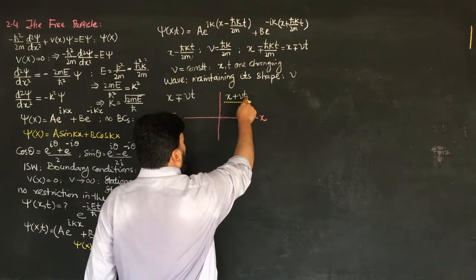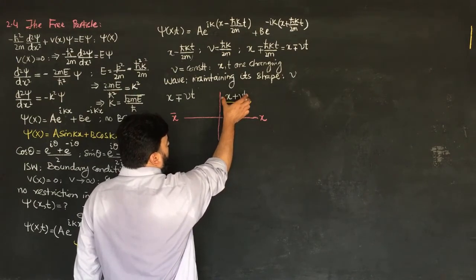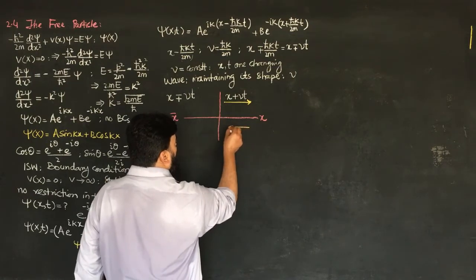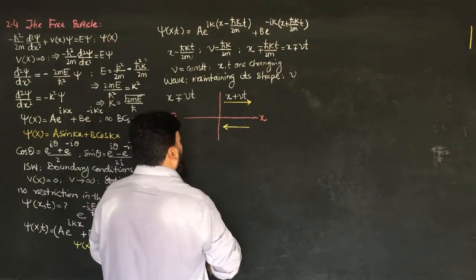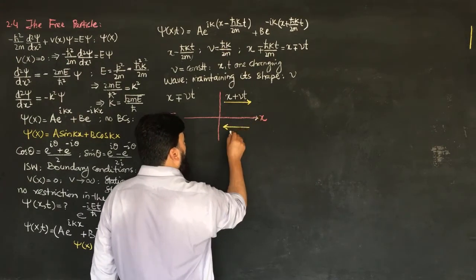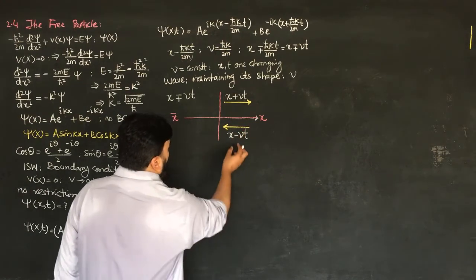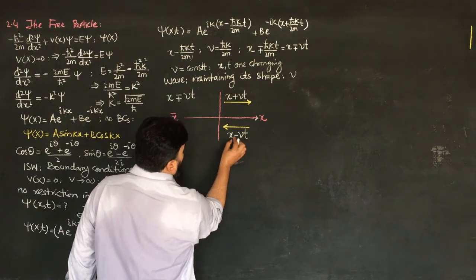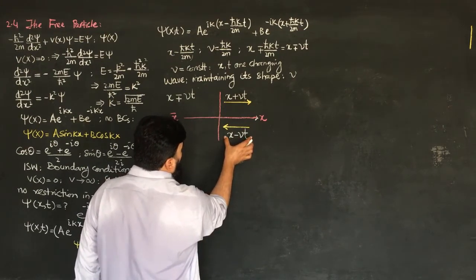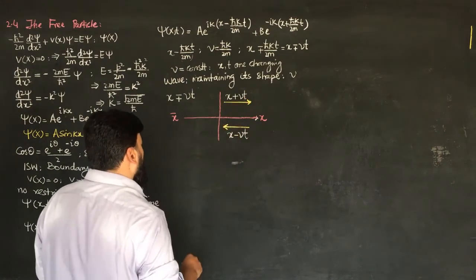At each instant of time, the net x is increasing, and if our wave is going this way, then our x is decreasing because this is the increasing x direction. X minus vt means this vt is subtracted from x. So as a result, the net x is decreasing. Here vt is added to x and it is increasing.